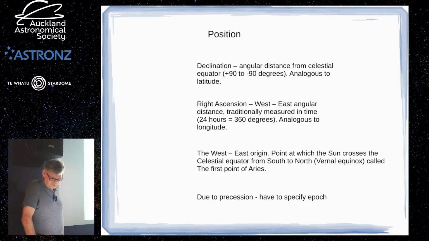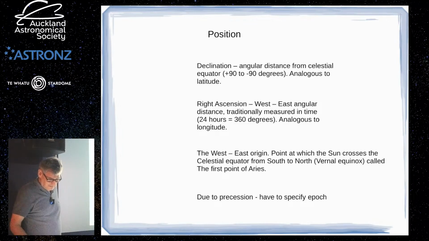Okay, so obviously the position we've already talked about. The east-west is the right ascension and the north-south is the declination. And as we mentioned, the catalogue has to say the date on which these coordinates were true, and that's referred to as the epoch.